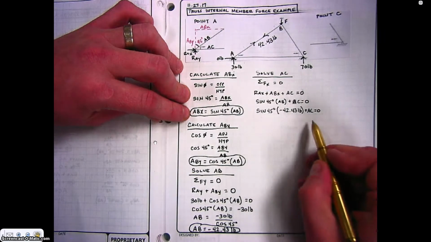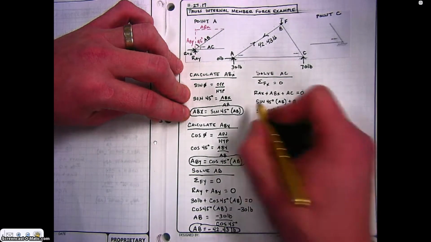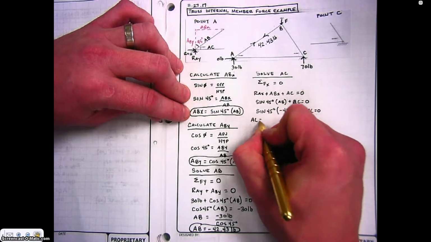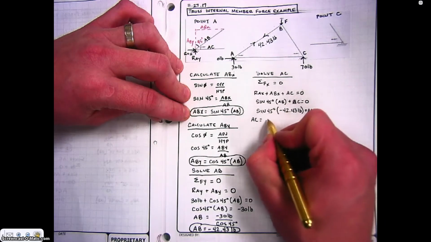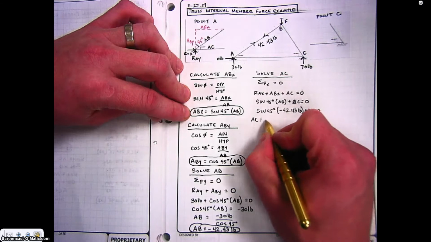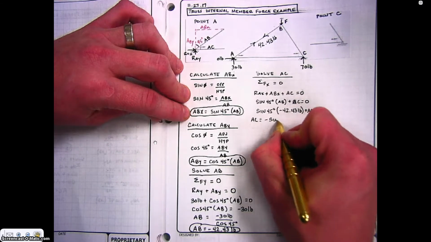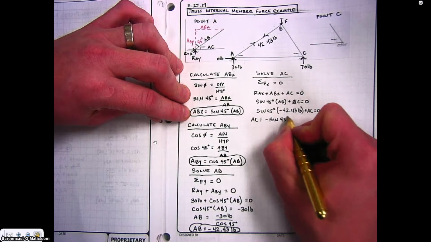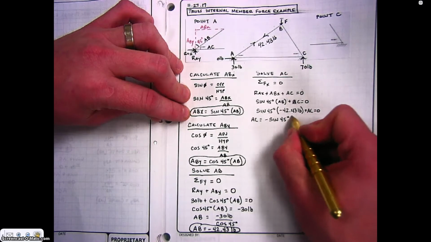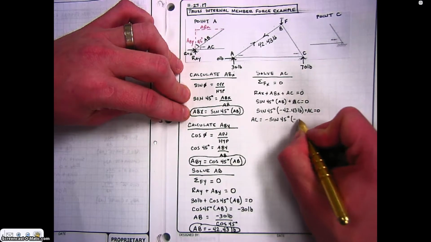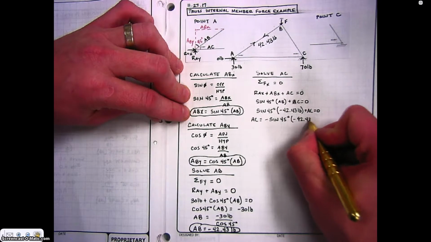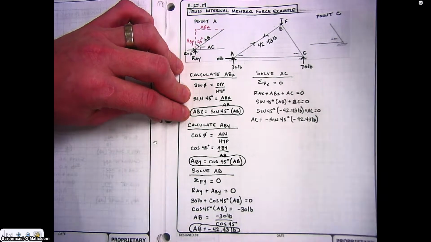Alright, so we'll do our algebra. Turn our number around, we'll get AC by itself equals the negative sine of 45 degrees times negative 42.43 pounds.